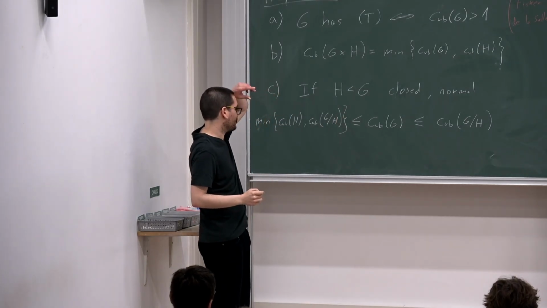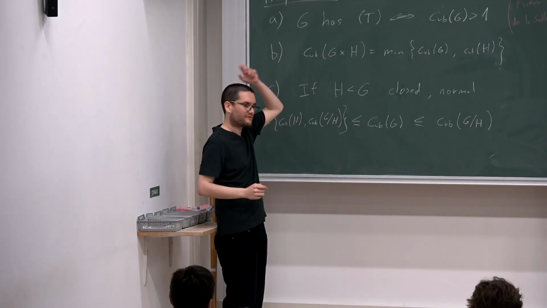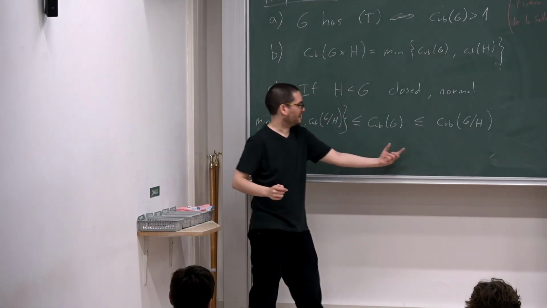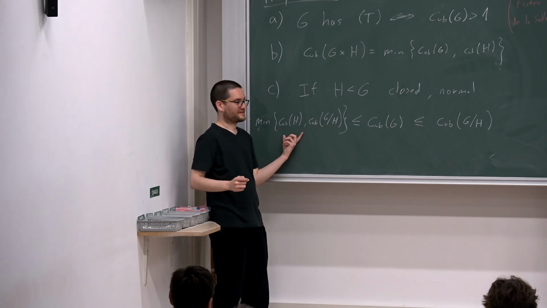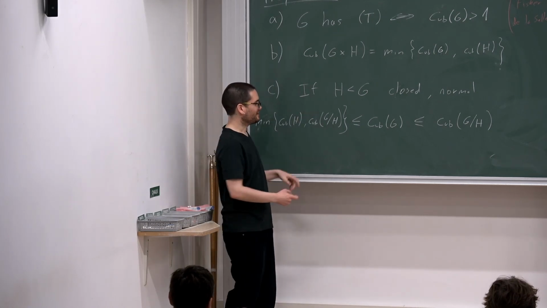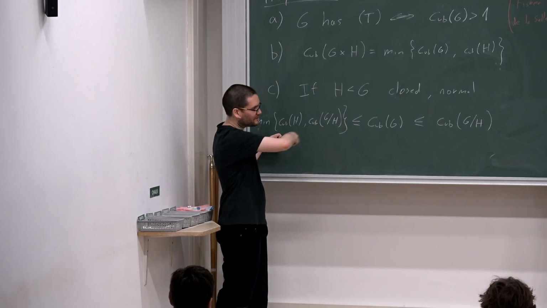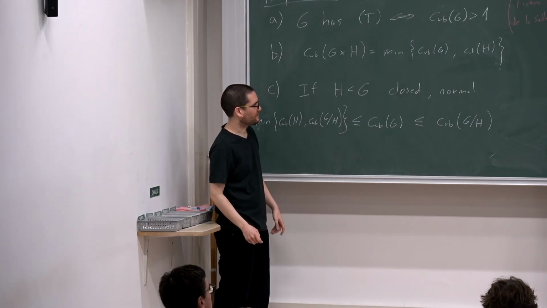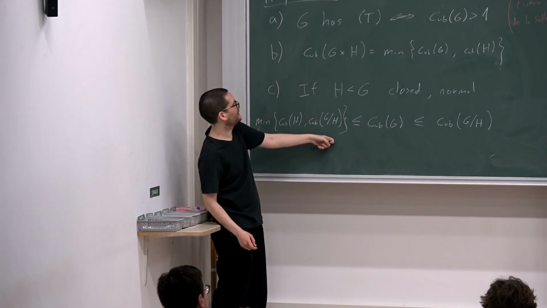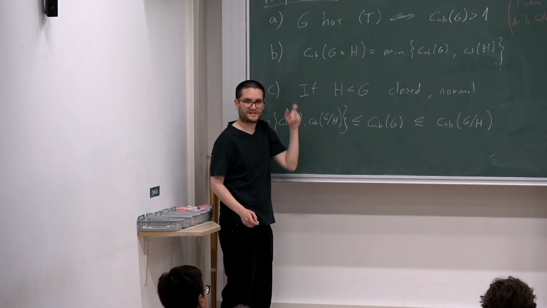This is just repeating the argument for property T, that property T passes to quotients and that it is stable under extensions. If you repeat that argument for this property TC, you can deduce these inequalities. And this one, of course, is a particular case of the other because a product is an extension.